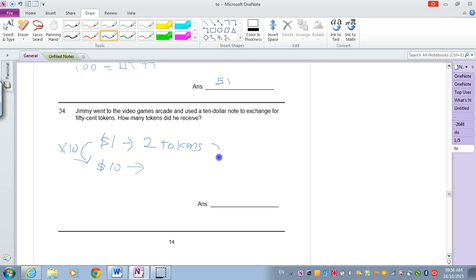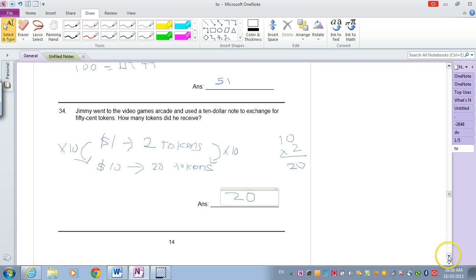So that means 2, I also have to multiply by 10. So what is 2 times 10? 10 times 2 would give me 20. So you will have 20 tokens. Okay, so the answer is 20. You will receive 20 tokens.